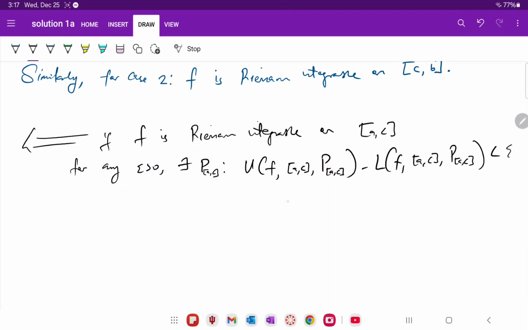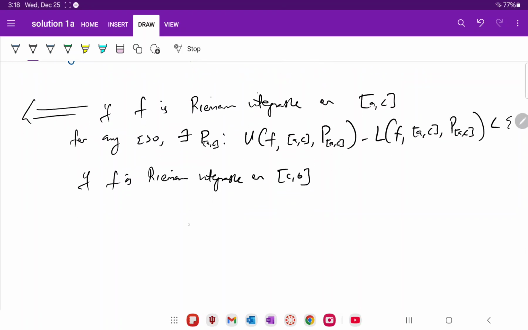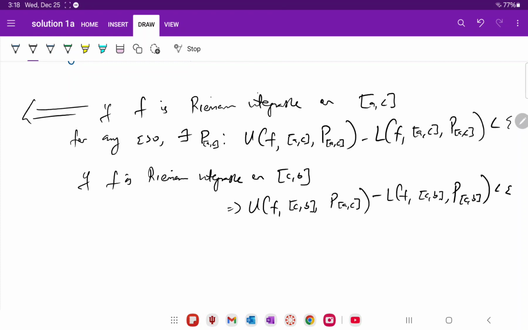And similarly, if f is Riemann integrable on [C, B], that also implies that the upper sum minus the lower sum on [C, B] is also less than epsilon.